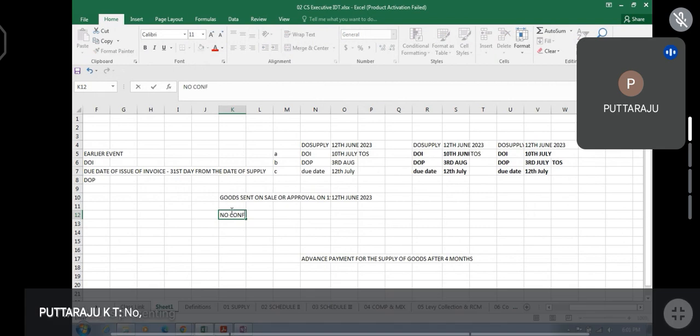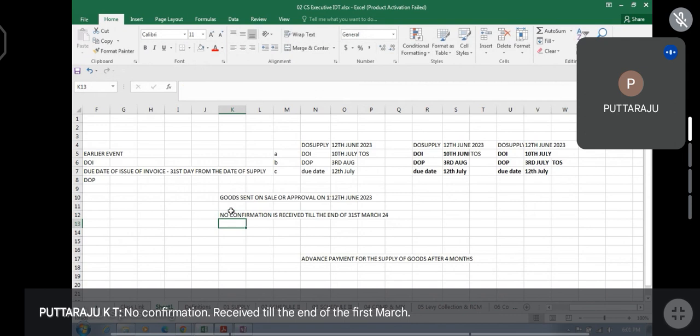No confirmation received till the end of 1st March 24. Time of supply. When is the time of supply in this case?